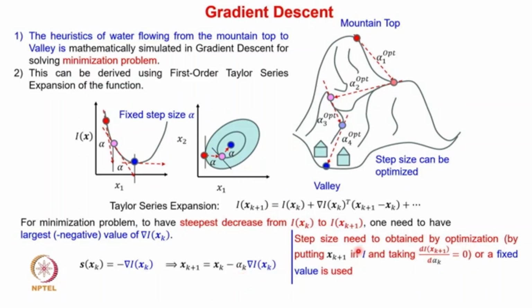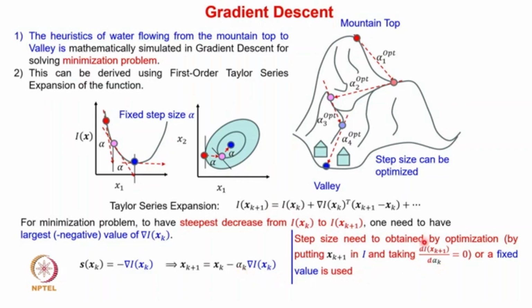For that, we optimize the function I(xk+1) with respect to alpha k. We find the derivative dI(xk+1) by d alpha k equal to 0, and based on that we find alpha k. You can see that this expression can be put into I, and then we optimize the function I with respect to alpha k and find the optimum value of alpha k.